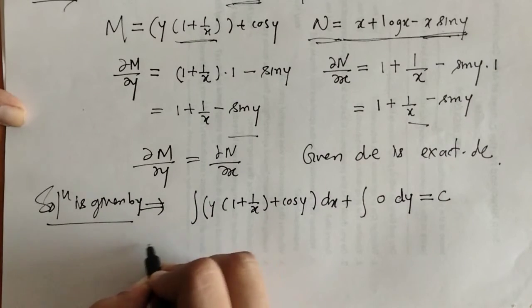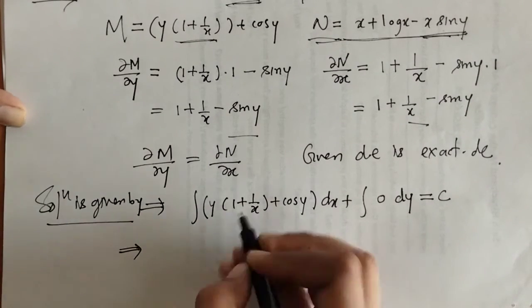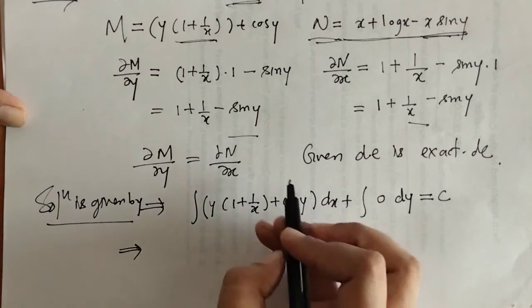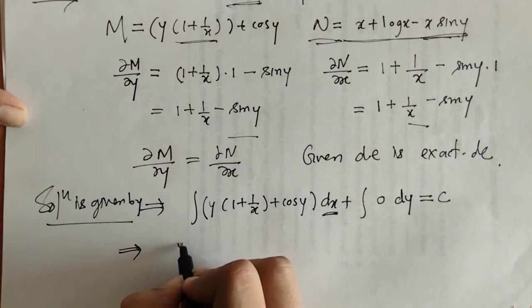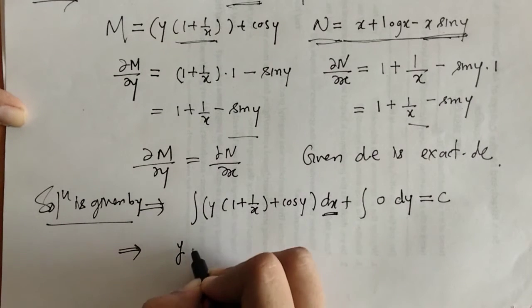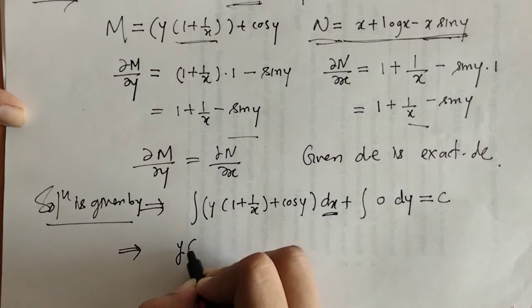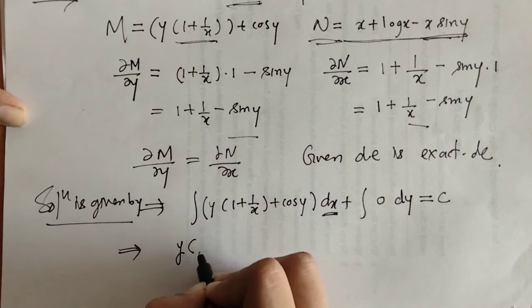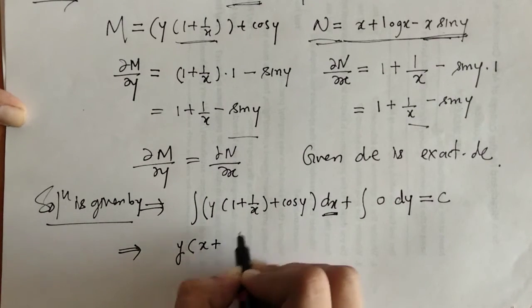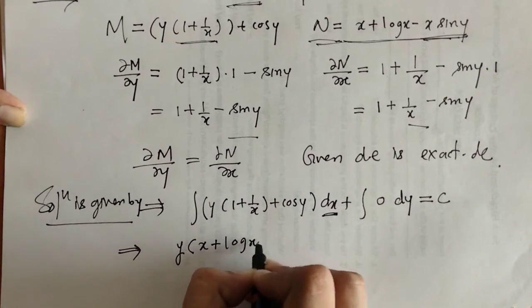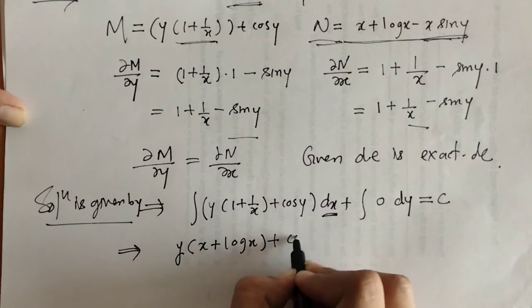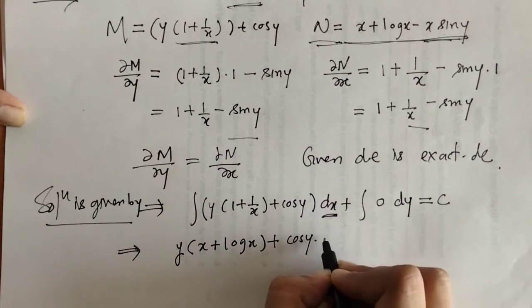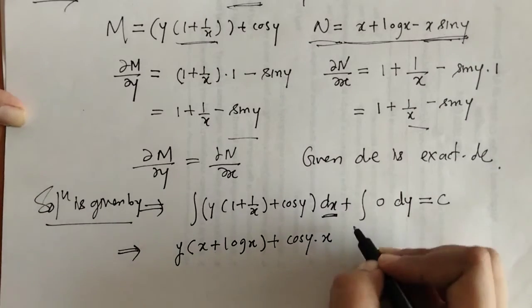So yes, we have to find this integration. Now this is integration with respect to x, that means we have to treat y as a constant. So y outside, y as it is, 1 integration is x, plus 1 upon x integration is log x, and cos y is a constant, so its integration is cos y into x, right?